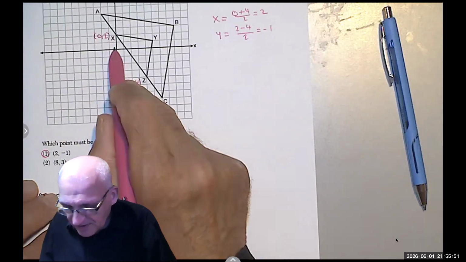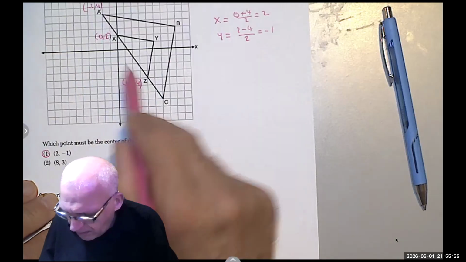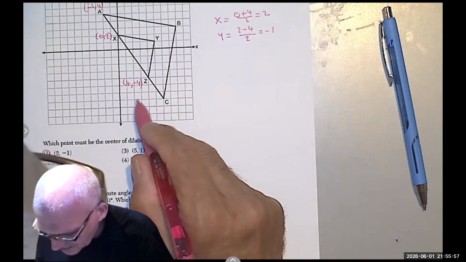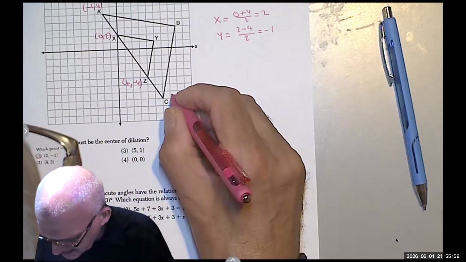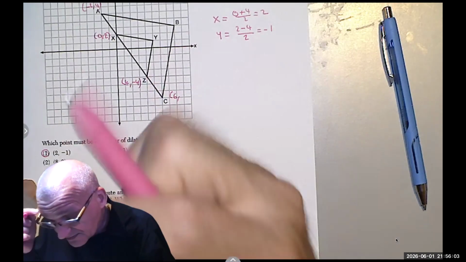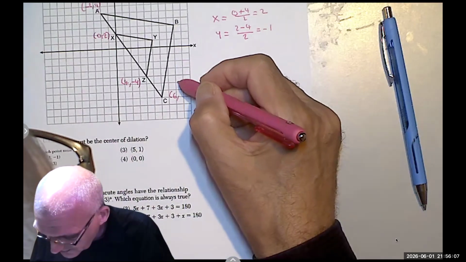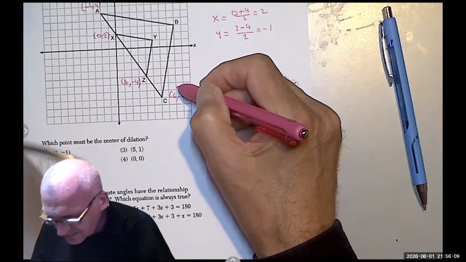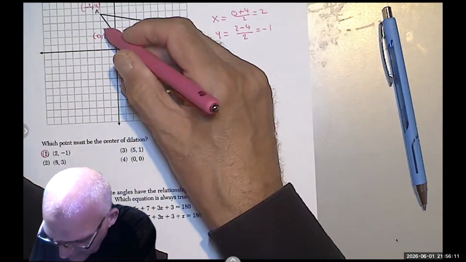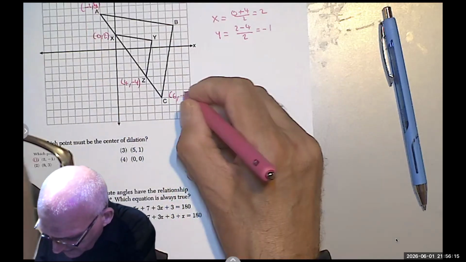Of course, you could have done A and C, with coordinates negative 2, 5 and 6, negative 7.